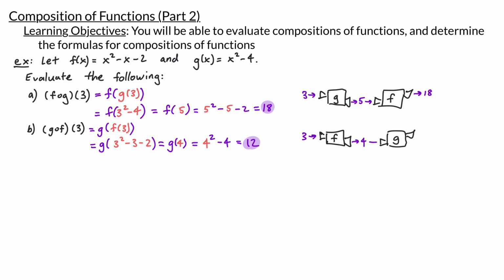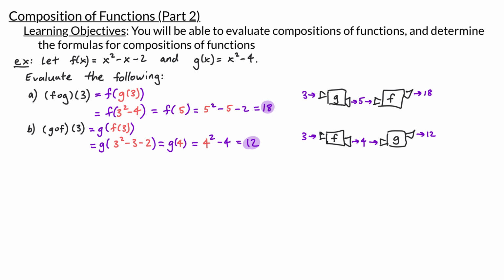So we then took the 4, plugged it into the g function, and that's how we got 12 as our final answer. As we've mentioned in our previous video, the order in which we do the composition matters. When we did f composed with g of 3, we got 18, but when we did g composed with f of 3, we got 12. So the two functions, f composed with g and g composed with f, are different functions.